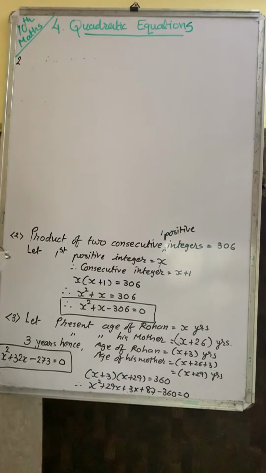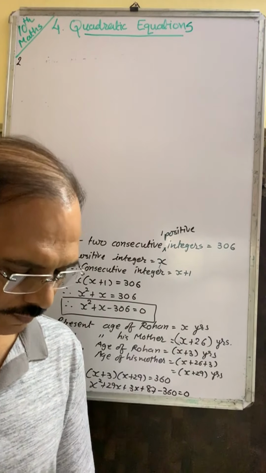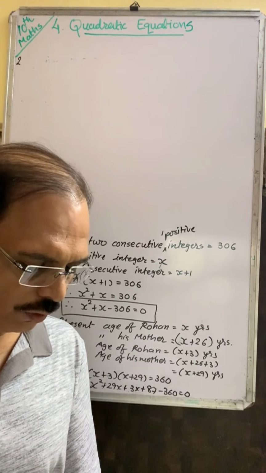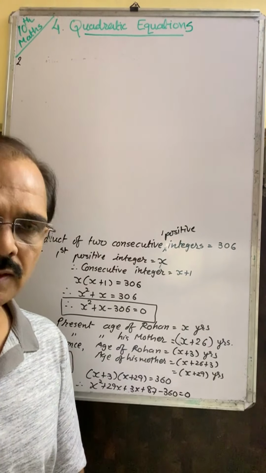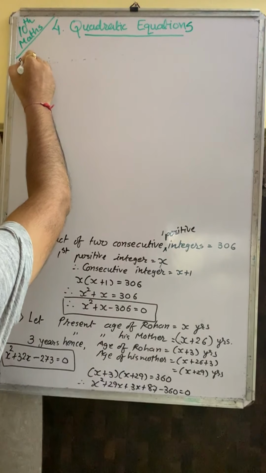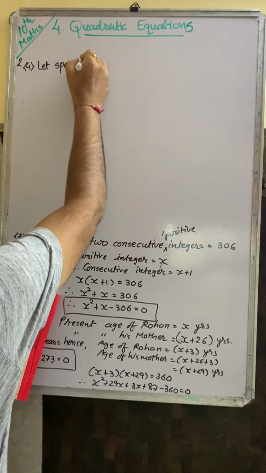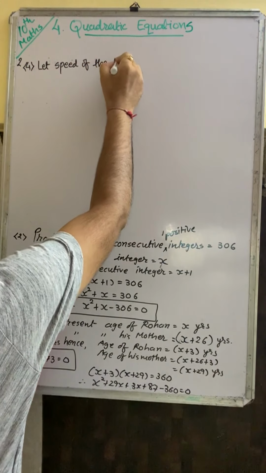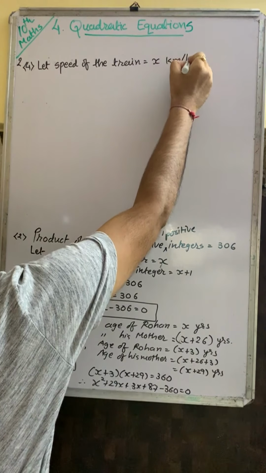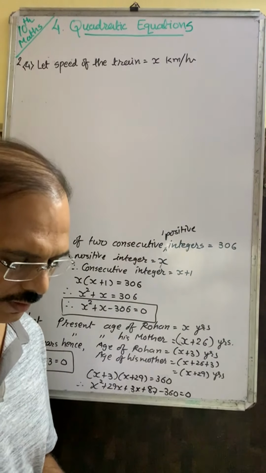A train travels a distance of 480 km at a uniform speed. If the speed had been 8 km per hour less, then it would have taken 3 hours more to cover the same distance. Suppose the usual speed of the train is x km per hour, meaning in 1 hour the train covers x kilometers.